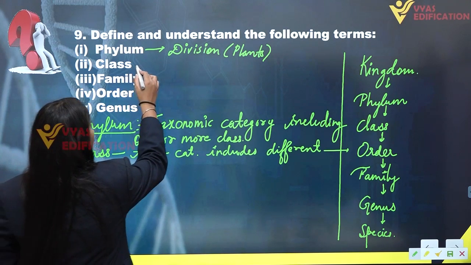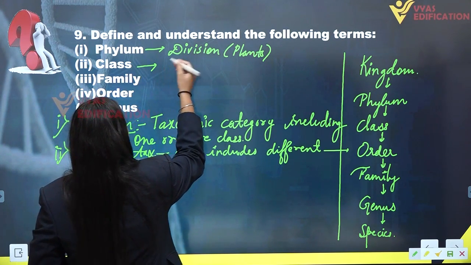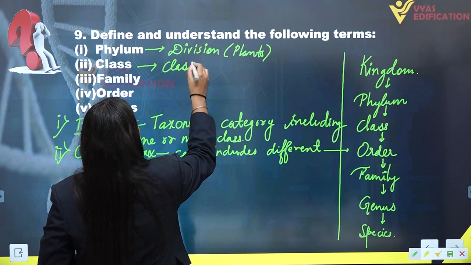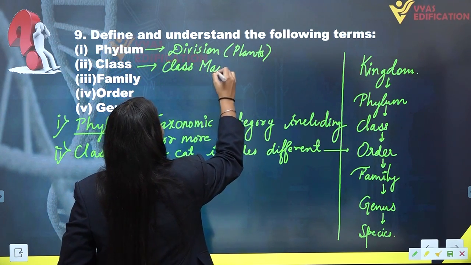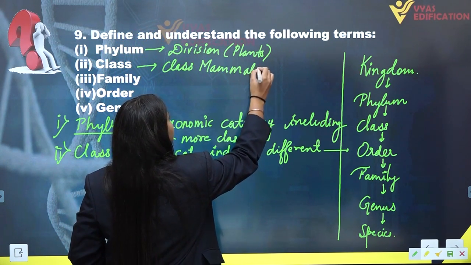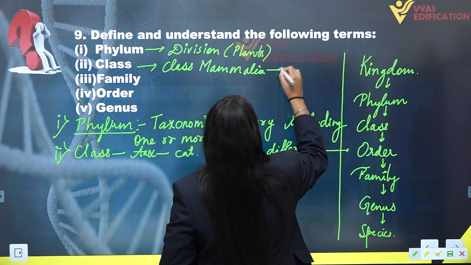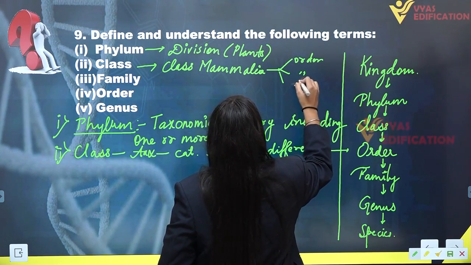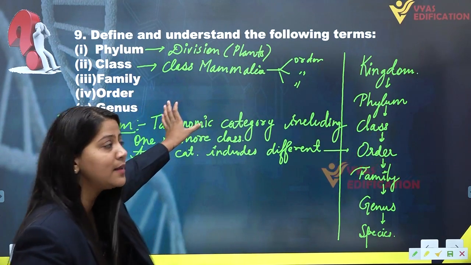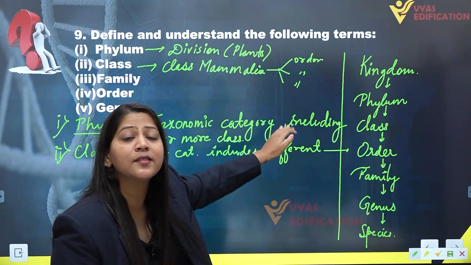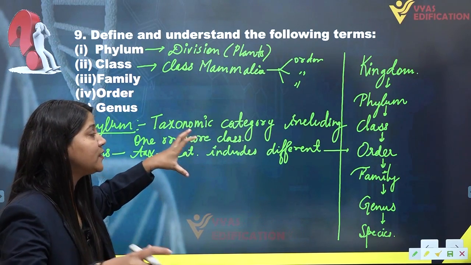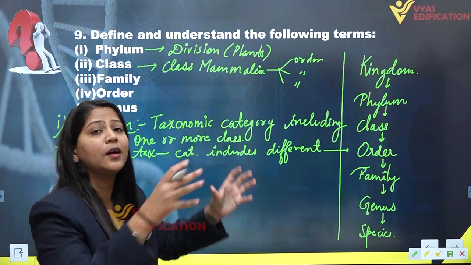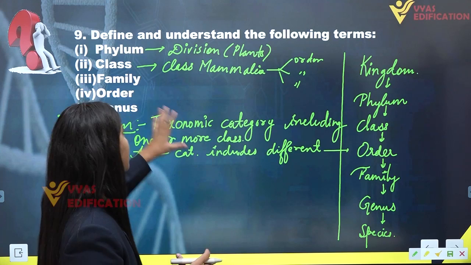If we take an example of this, then we know that class Mammalia includes many orders. Mammalia is a class and it includes various orders in it. So consisting all these orders, it makes a huge group which is known as class.